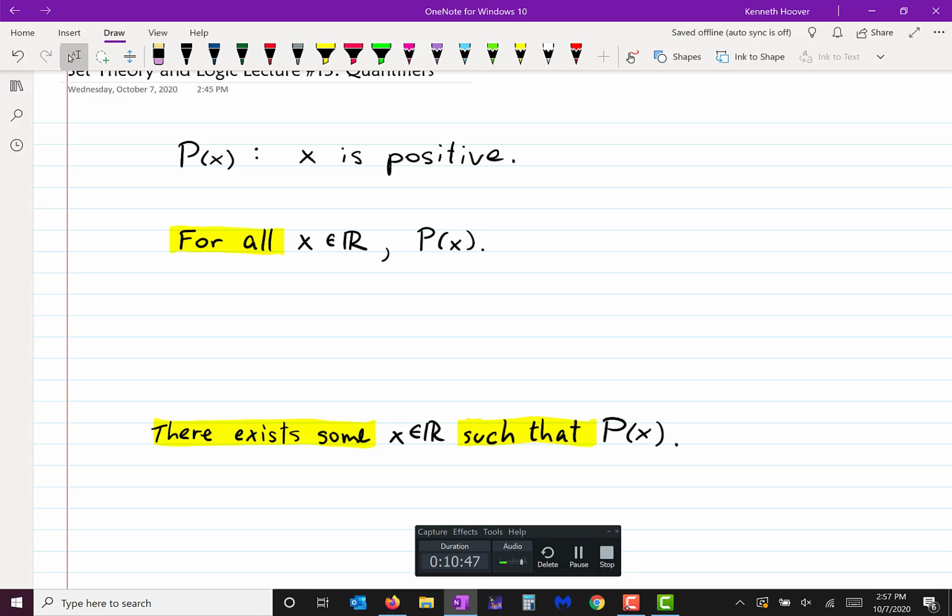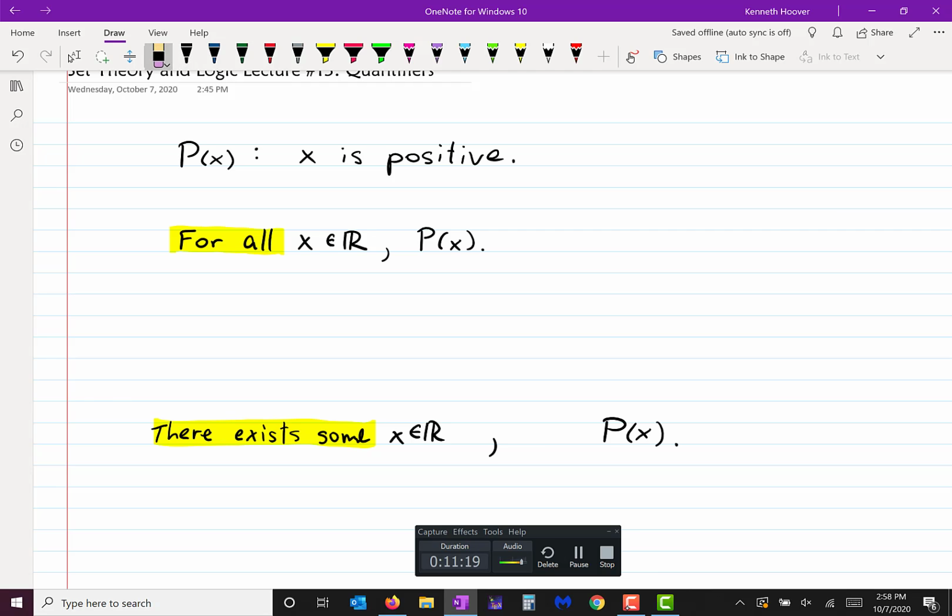And I firmly feel that your mathematics should be just as grammatically correct as it should be mathematically correct. So I'm going to put the words such that, and I always will. You'll never see me leave that out and put a comma. It's very awkward, and I don't even think it's correct grammatically.